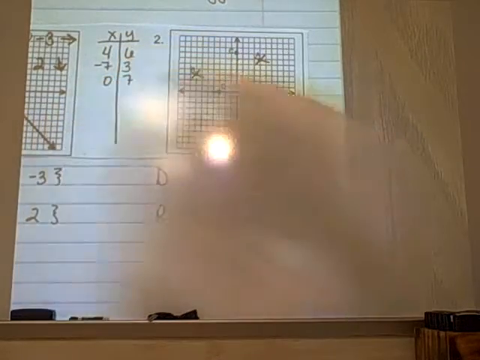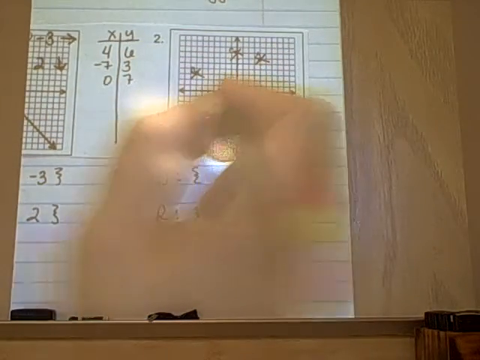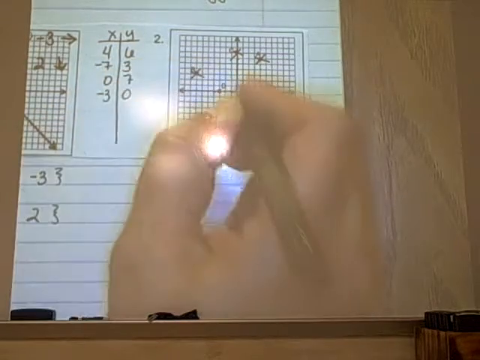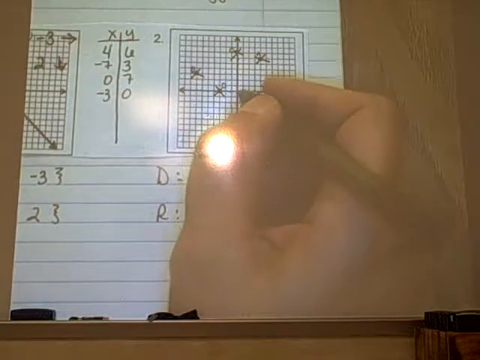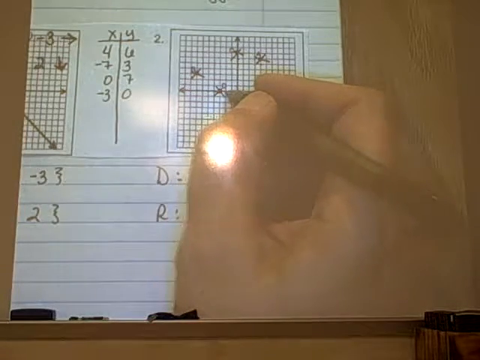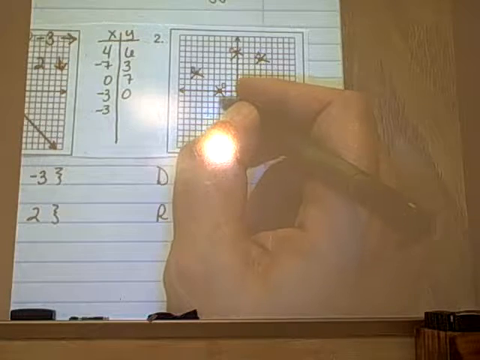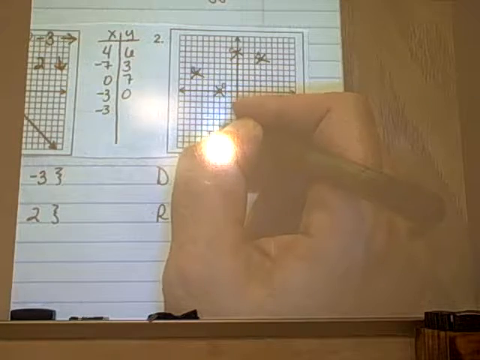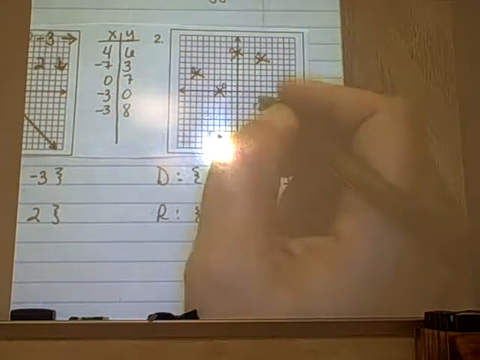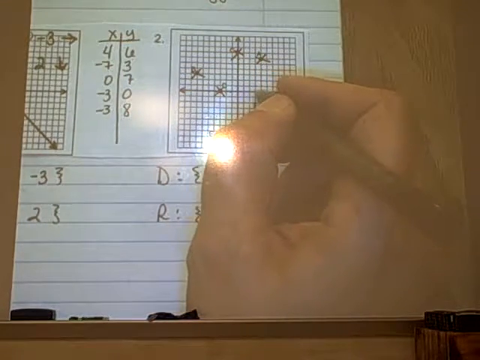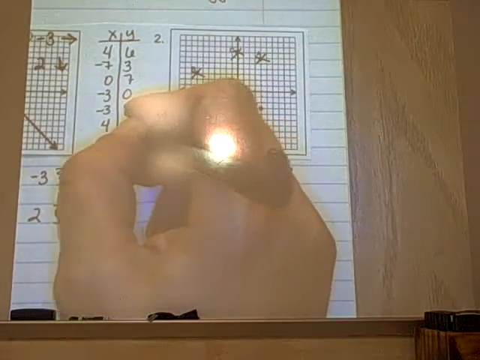Positive 7. D is a negative 3. 0, that one's easy. E is negative 1, 2, 3, and down 8. And then F is over 1, 2, 3, 4, and down 1, 2, 3, negative 3.